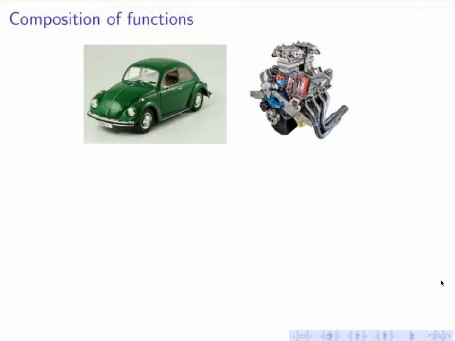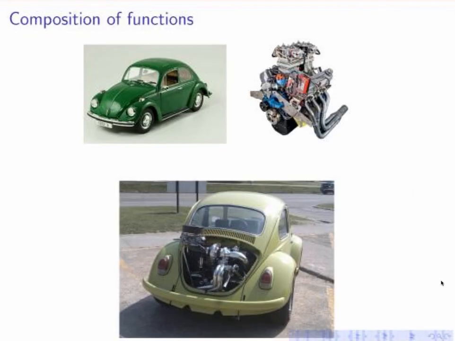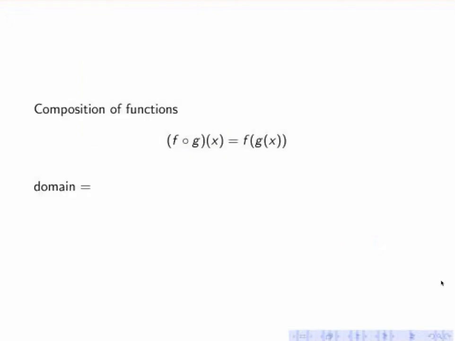Now let's come to composition of functions. So it is a little bit like you take maybe one function, which is an old car, and you take another function, which is symbolized by a super duper engine, kind of a cool engine, and you combine them to get something new. So you get kind of a cool beetle coming out of this. And this is what we would like to do with functions now. So we take one function and substitute it into a different function, and together they make a new, maybe even cooler function.